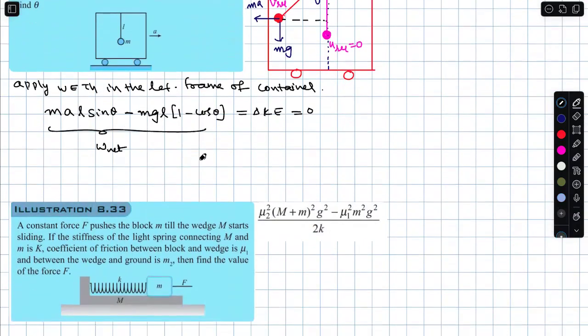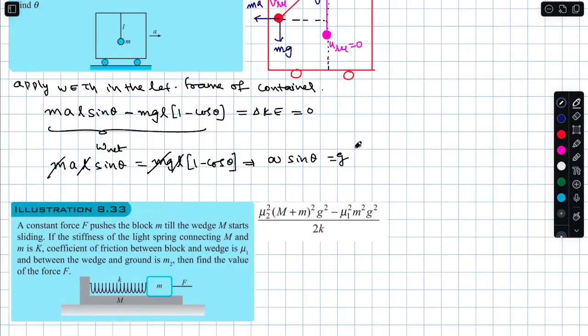So that comes around, you will have a situation. MAL sin theta is MGL(1 minus cos theta). Cancelling ML, A sin theta is equal to G(1 minus cos theta), which can be written as 2 sin square theta by 2. Now I am extending this here.